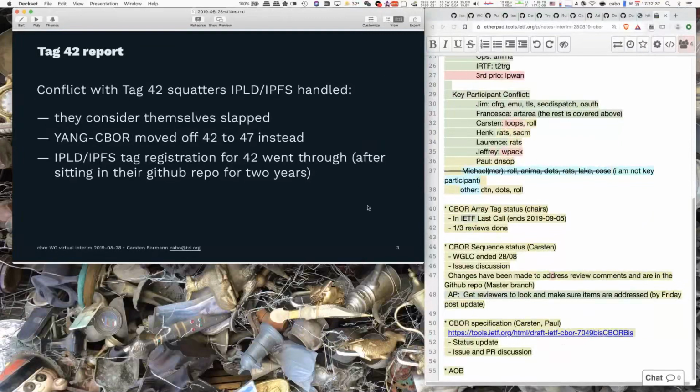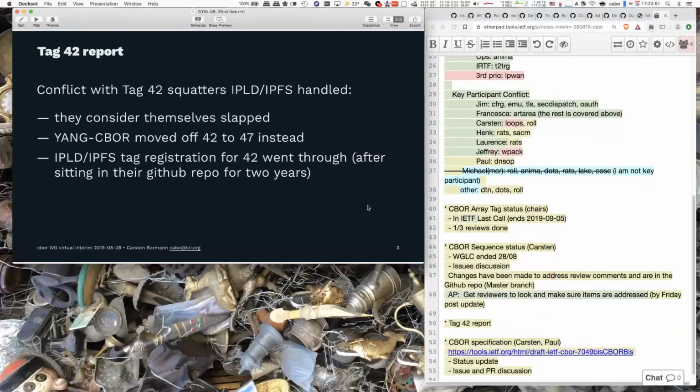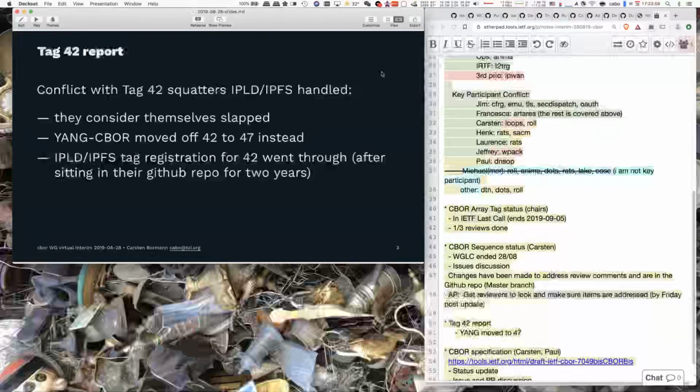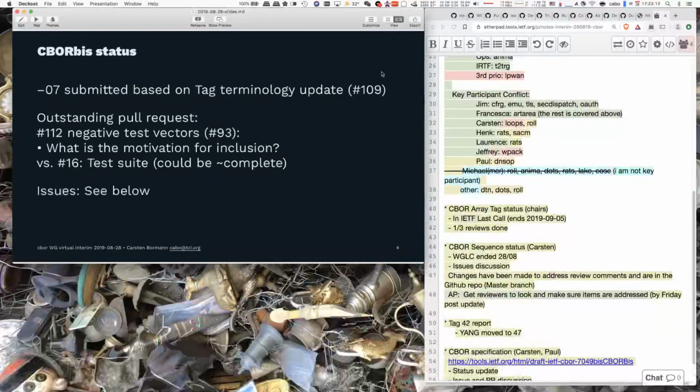And the IETF people have actually written up their tag registration. They had done that 2 years ago, but for some reason it got stuck. And it's a nice example that you should make sure that your registrations don't get stuck because somebody will step on your feet. Okay, so I think we demonstrated our flexibility here. Nice. So, CBOR.